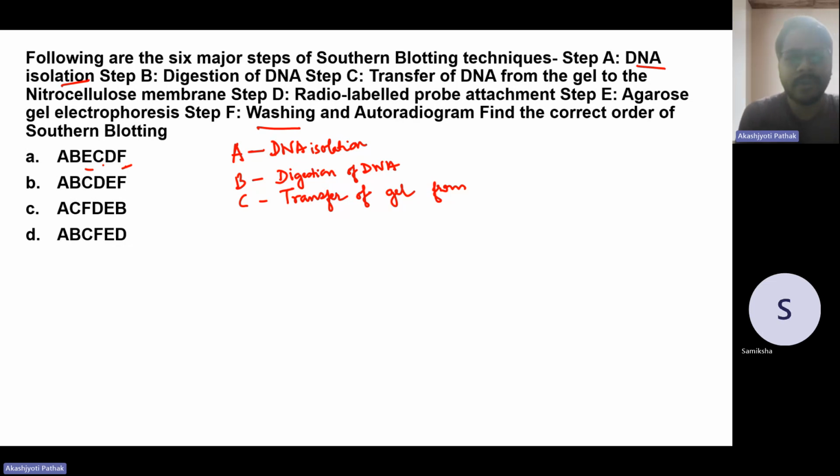For example, if you have a particular sequence, for example AAGCCA, how many times can this sequence be present in your genome? Can you calculate? If you have a genome of, for example, 100 kb or 200 kb, this can be present multiple times. So this sequence can be present multiple times in your DNA.